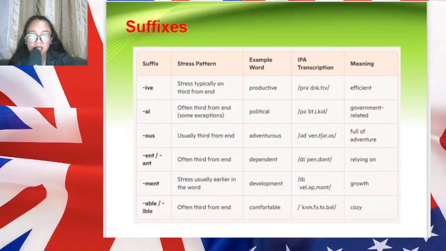Again, logical. Critical. Maybe critical. We have critical. Political also. Like an example you can see on the screen. Political. So this places the stress on the second syllable, lit.